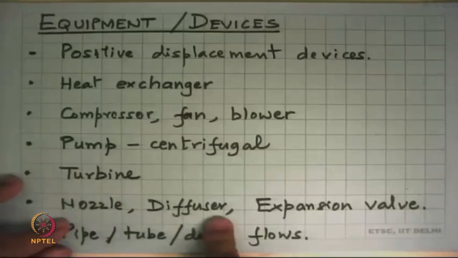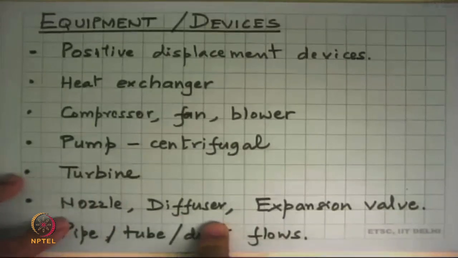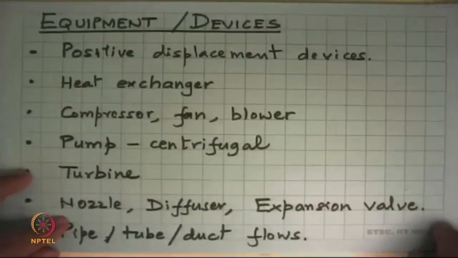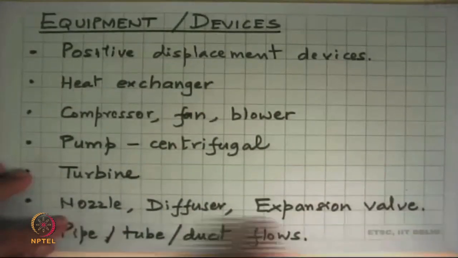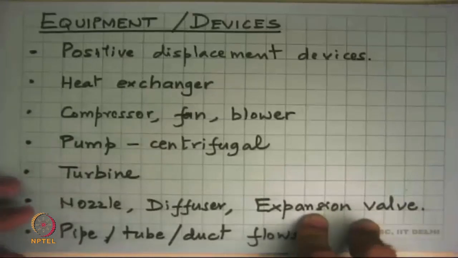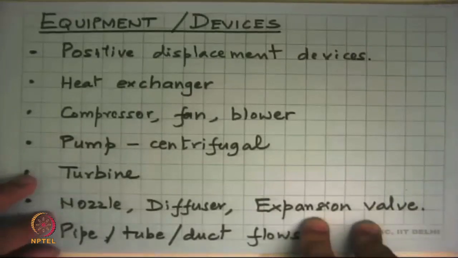Then we'll look at what is known as a valve in general, and in particular we'll look at a type of valve which is called the expansion valve, in which we expand the fluid without much change in kinetic or potential energy.